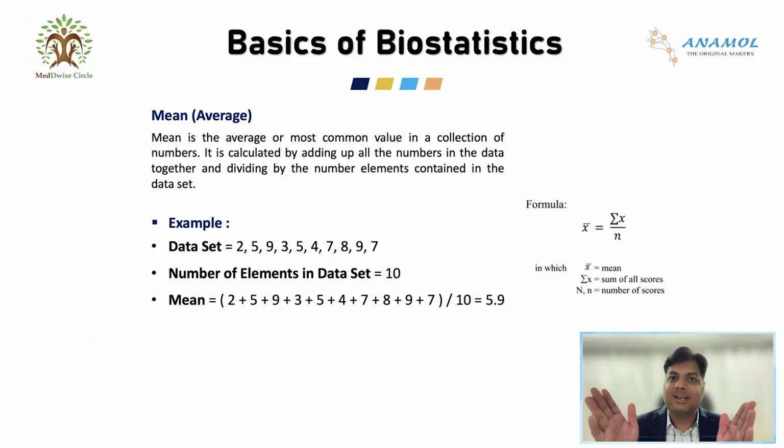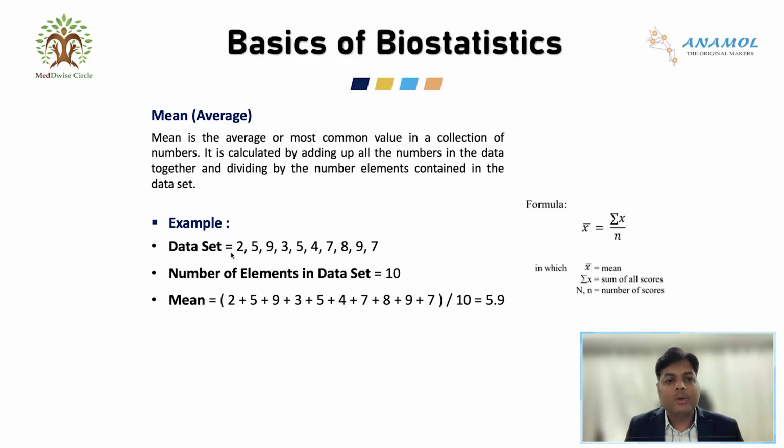Now, in this data set, what is the average that a particular student can score if I teach science to that class? That average is calculated by adding up all the numbers and dividing by the number of students.